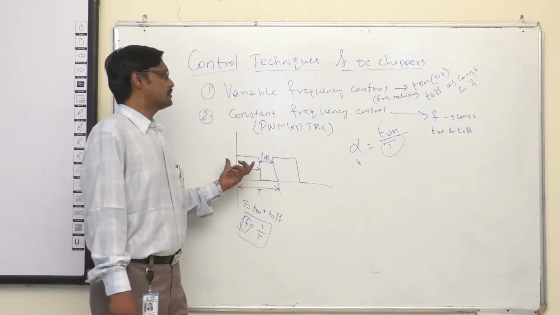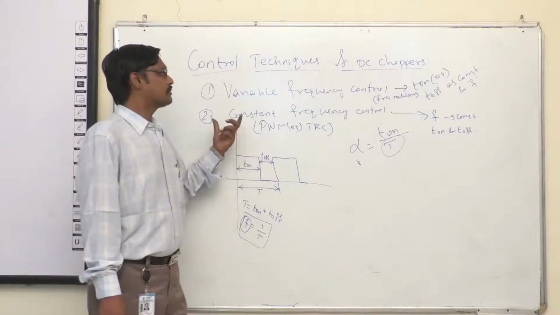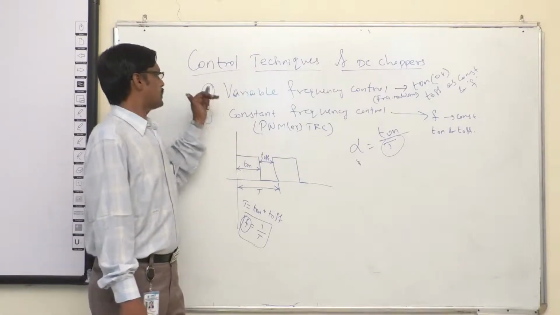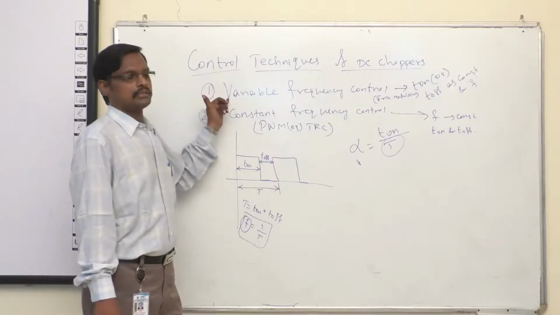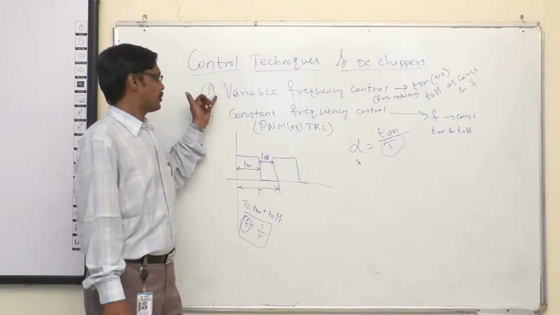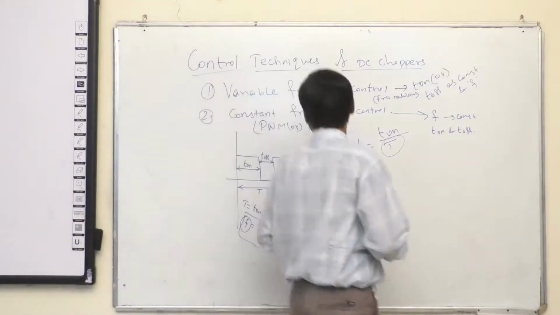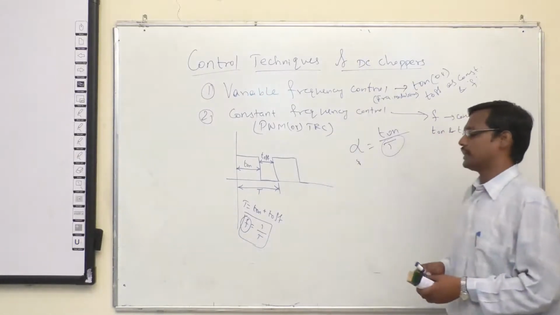To filter out these noises, we have to go for a bulk filter. This is a major disadvantage of the variable frequency control method, and it also gives some EMI problems. So to avoid these things, we better go for constant frequency control, that is the PWM or TRC control method.